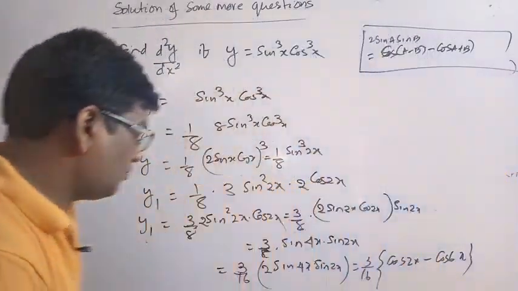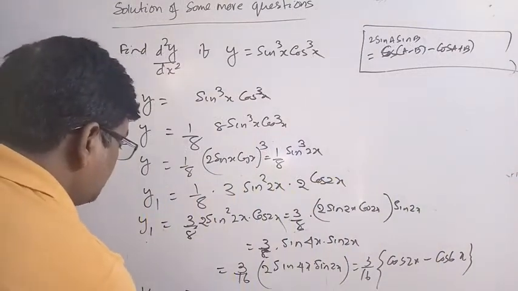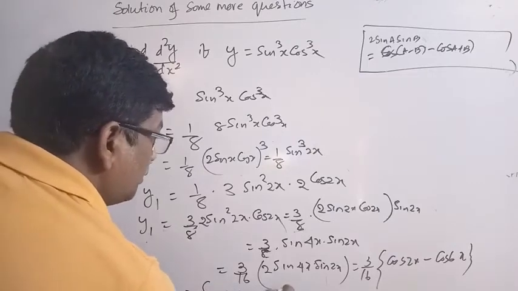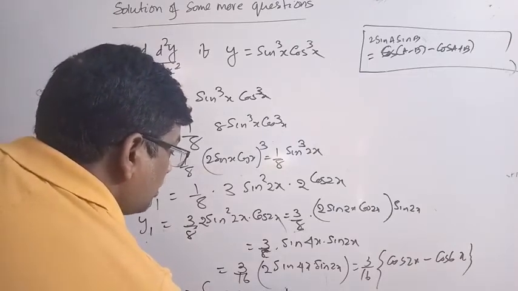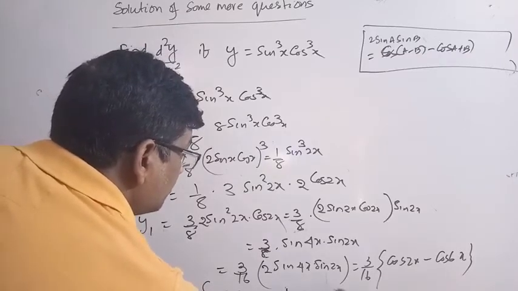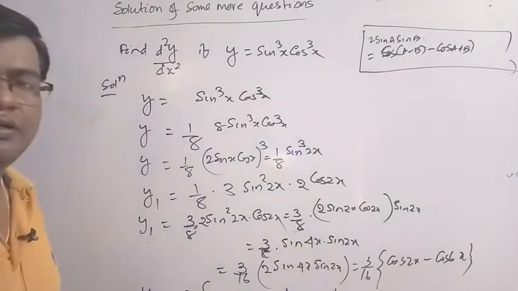Now y2 is equal to what? y2 is equal to 3 by 16 into what? Minus 2 sin 2x minus 1 minus A plus 1 by 6 sin 6x. This is a method.